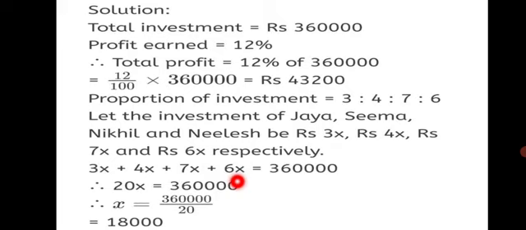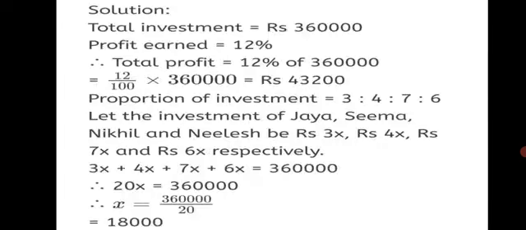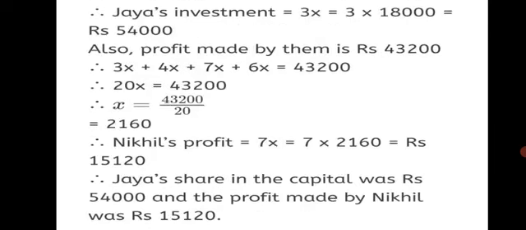Since we have found the value of x, we are going to have a look at what is asked in the question. In the question they have asked us what was Jaya's actual share in the capital and how much profit did Nikhil make. So Jaya's investment is equal to 3x. So 3 into 18,000 is equal to 54,000.